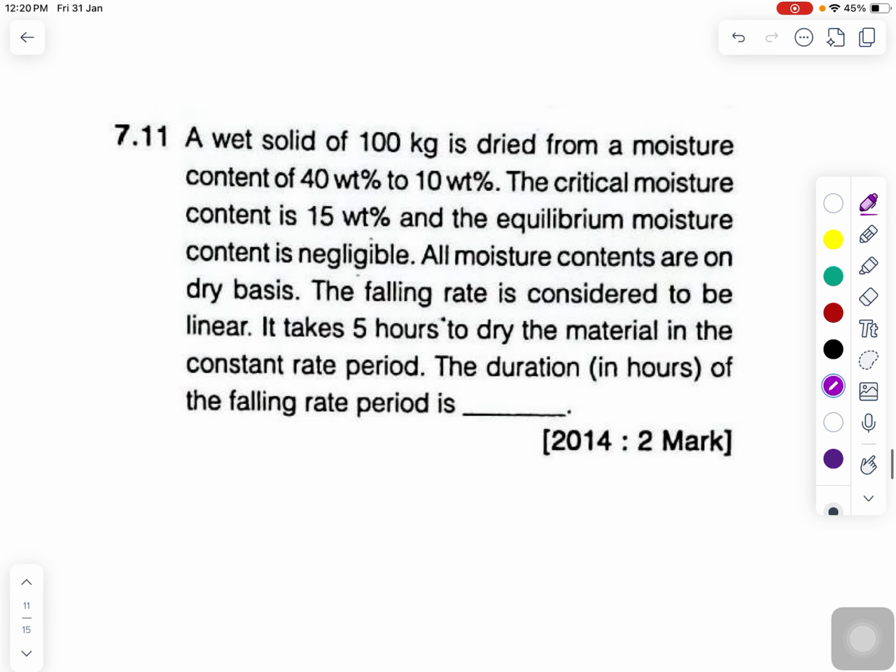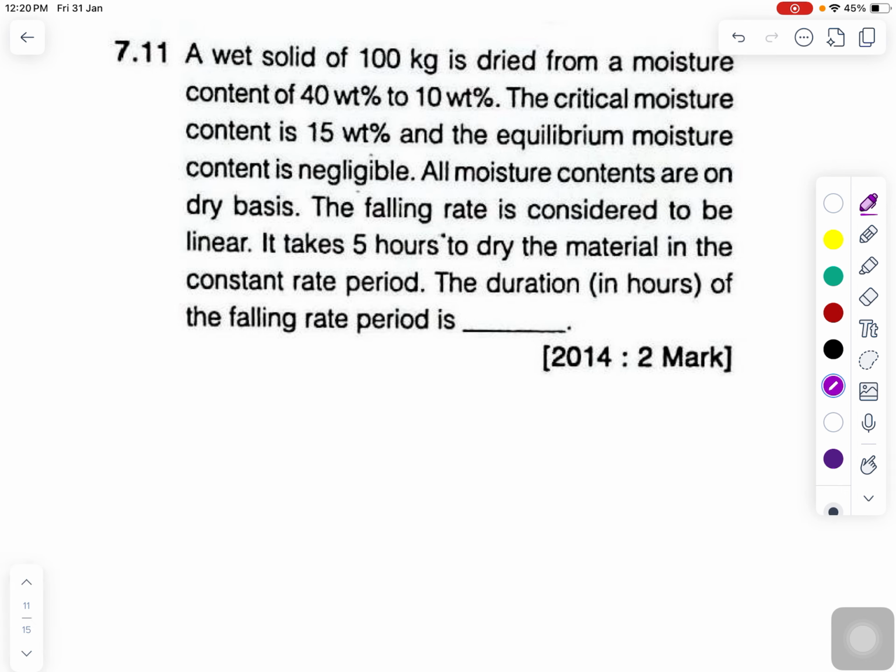Okay, now I'll be moving towards the next question, and the question says that a wet solid of 100 kg is dried from a moisture content of 40 weight% to 10 weight%, and the critical moisture content is 15 weight%, so Xc equals 0.15. The equilibrium moisture content is negligible, so X star is 0.